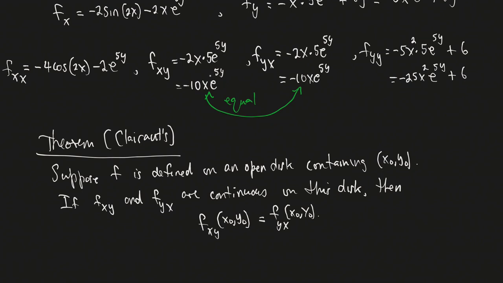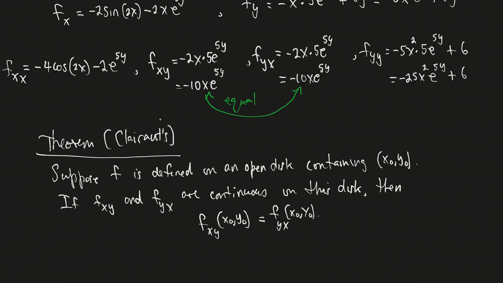And if we go back to this example, look at this just as a function. This function is continuous for all x and y. This function is continuous for all x and y. That's why they are going to be equal for all x and y. And in a course like this, the functions that we study will always have this property.